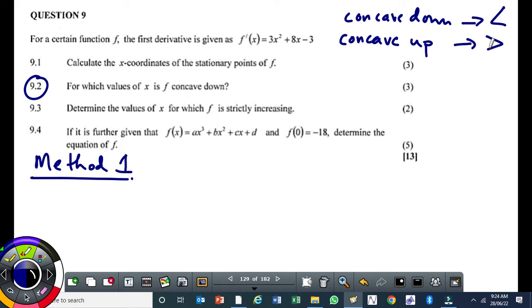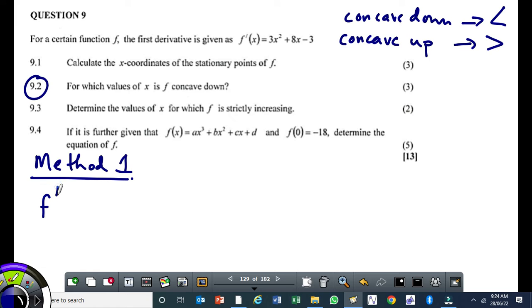Since I'm dealing with concavity, and it's concave down, all I need is to find the second derivative, and then I have to use the less than sign. It has to be less than 0 if the function is concave down. So what's my second derivative?